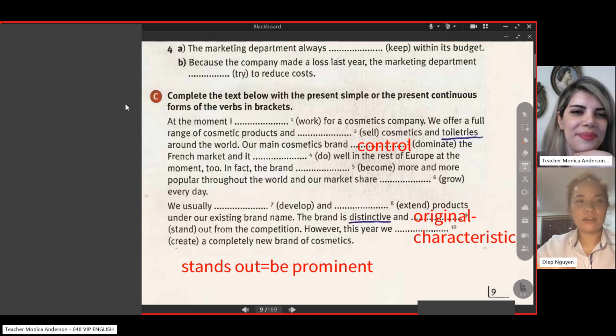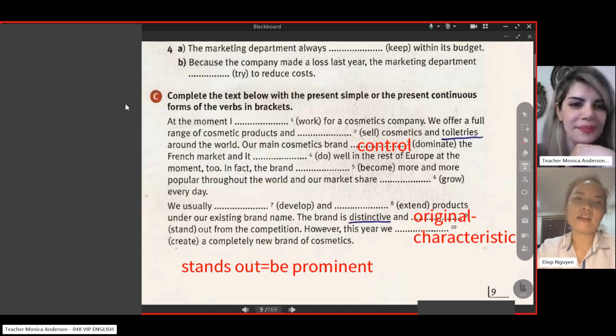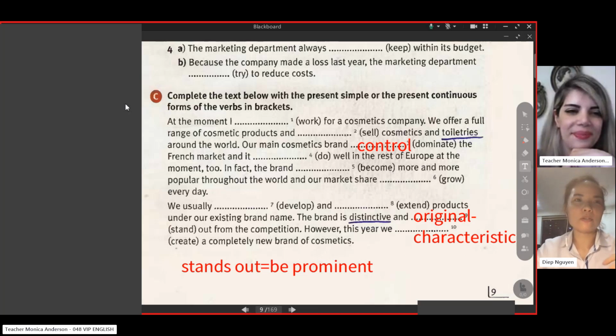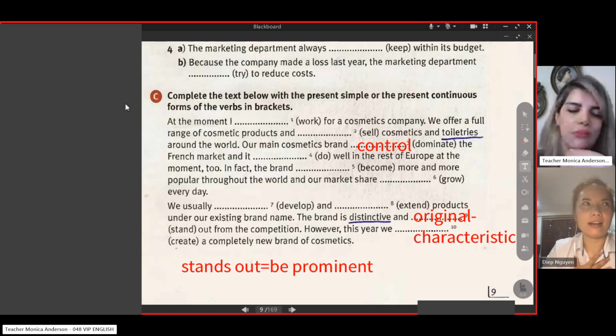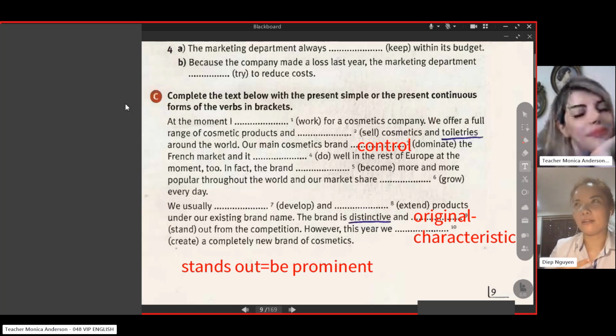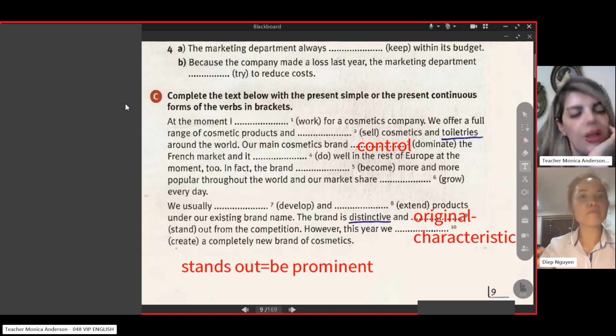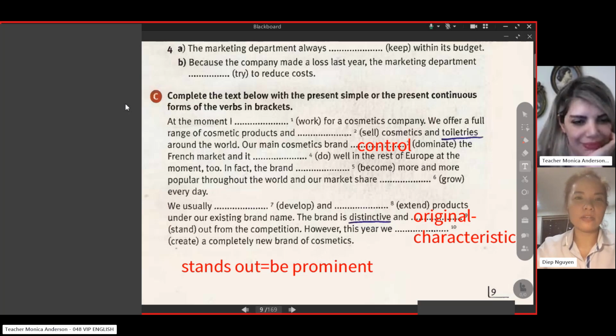If I calm down and think about the right grammar, maybe I will answer correctly. But when I am speaking, I forget, and it's normal, I use my habits. I don't think anymore, I just do it.